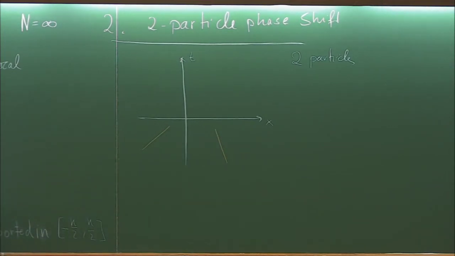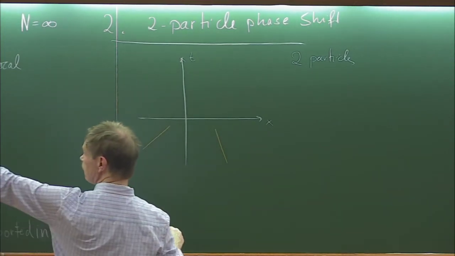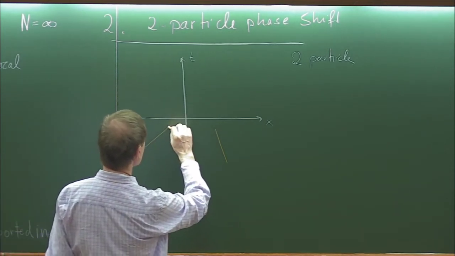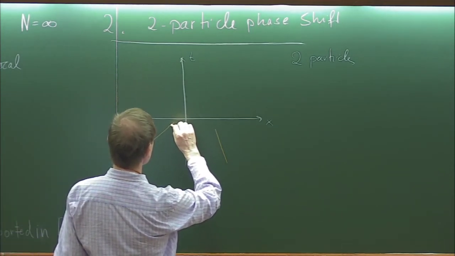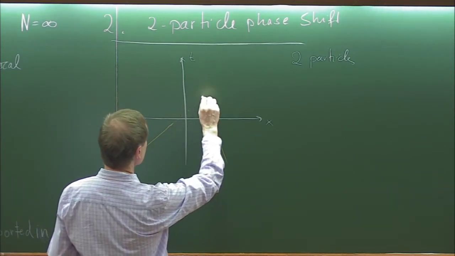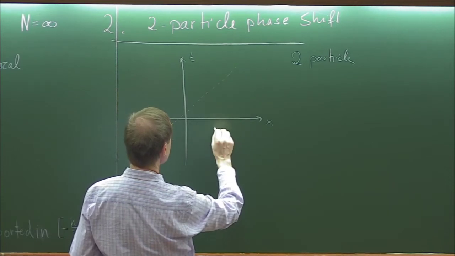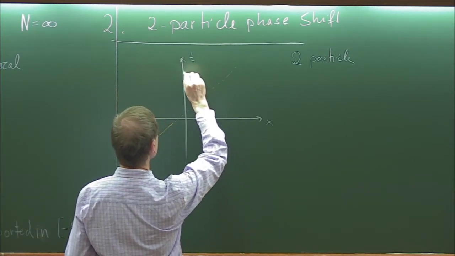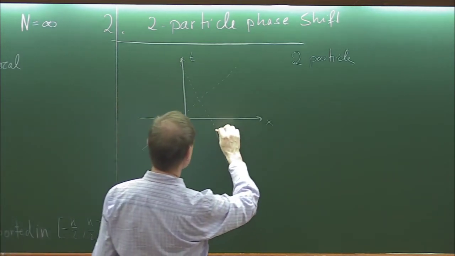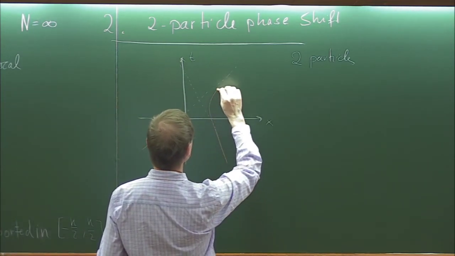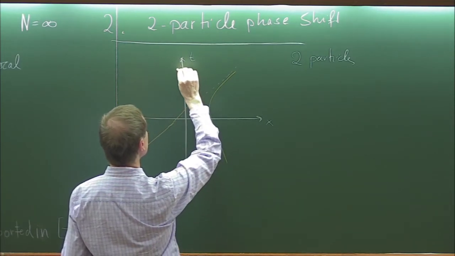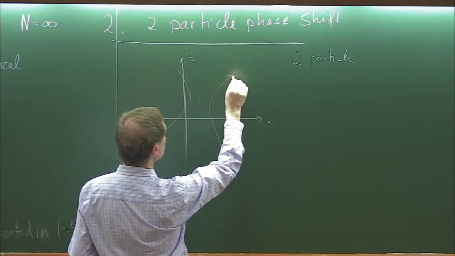So this is now the solution of my Toda lattice with two particles. They come closer, and if they were just non-interacting particles, they would continue like this, and this one would continue like this. But in fact, that's not what they really do. This one moves like this, and the other one moves like this. The point is that they are shifted.